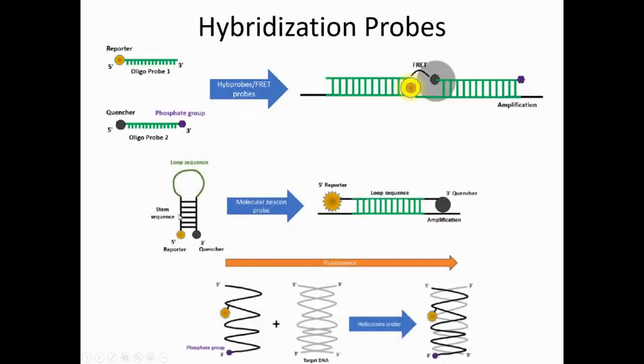so it is proportional to the amount of amplified specific product. That's the TaqMan probe, and the molecular beacon probe is the hybridization probe. The fluorescence emitted by binding of the hybridization probe can be measured during either the annealing or the extension phase.